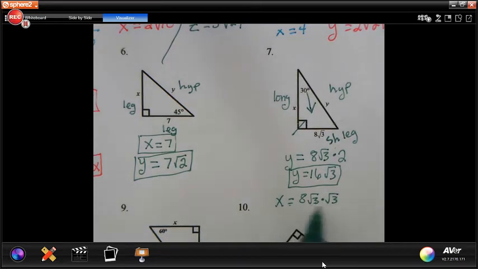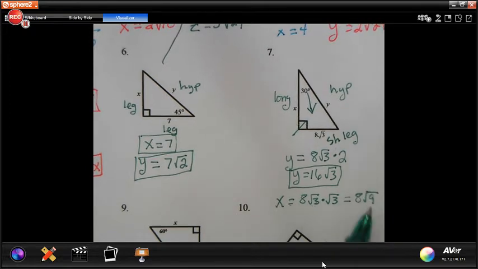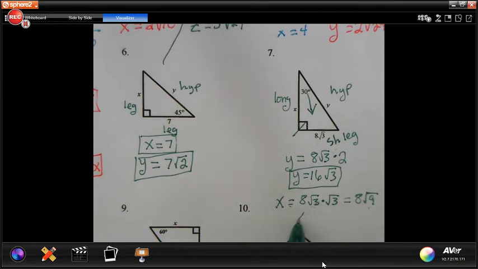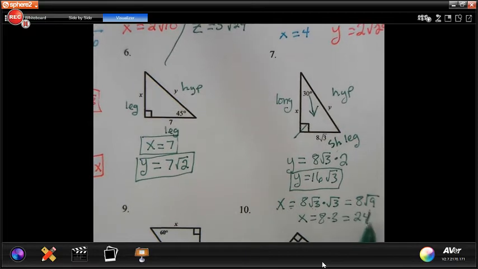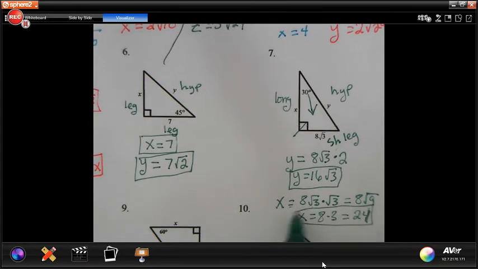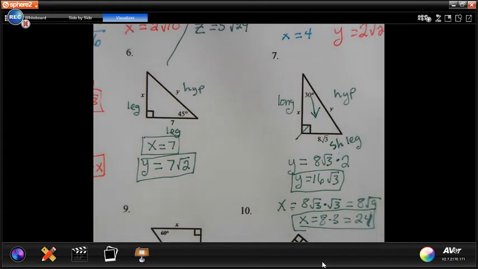So we can multiply radicals together, which we get 8, and then 3 times 3 is 9. But the square root of 9 is 3. So x equals 8 times 3, which is 24. And now we found x.